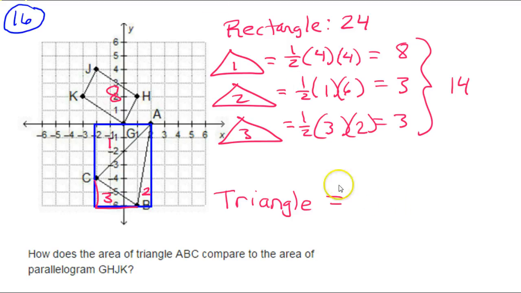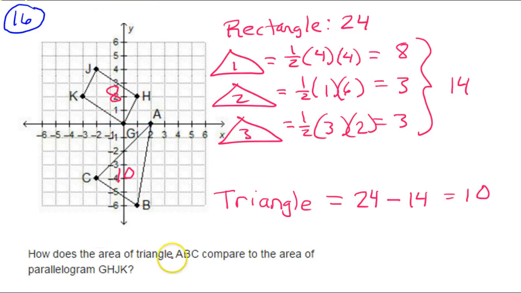What I meant to do was say, so the middle triangle here should be the rectangle area, 24, minus the area of all those 3 triangles. So 24 minus 14. So that is 10. Okay, so the area of this triangle is 10.